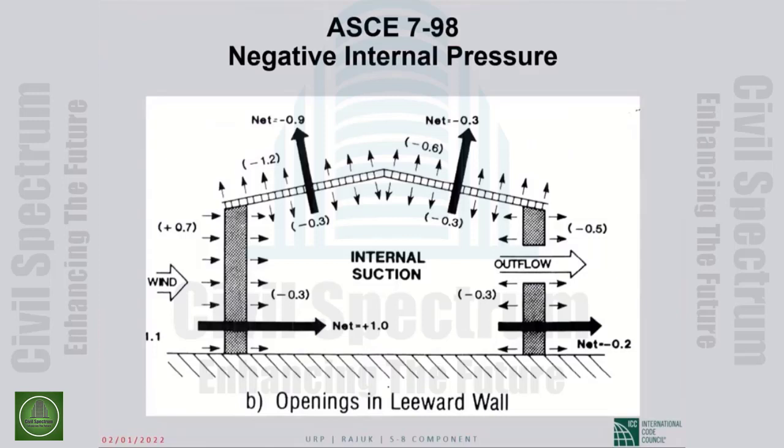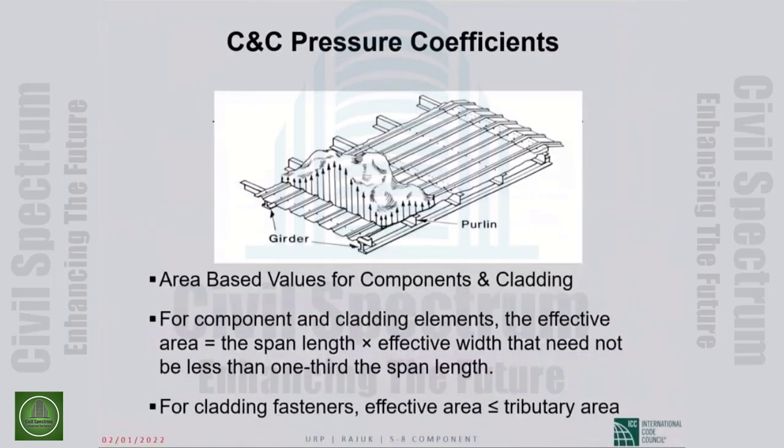You will see how the external pressure minus internal pressure, what that comes to, depends upon the direction of internal pressure. Now, throughout ASCE 7 and BNBC there is a distinction between the main wind force resisting system and components and cladding. This is a huge distinction.